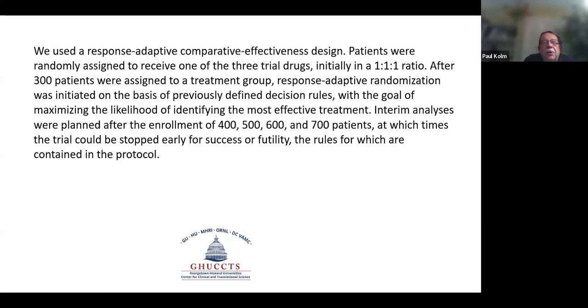But after 300 patients were assigned to a treatment group, so you have 100 in each group, then their adaptive scheme comes into play, where now the randomization is going to be based on updating the prior probabilities. And then, as I mentioned, they're going to do interim analyses at different sample sizes, at which time the trial can be stopped.